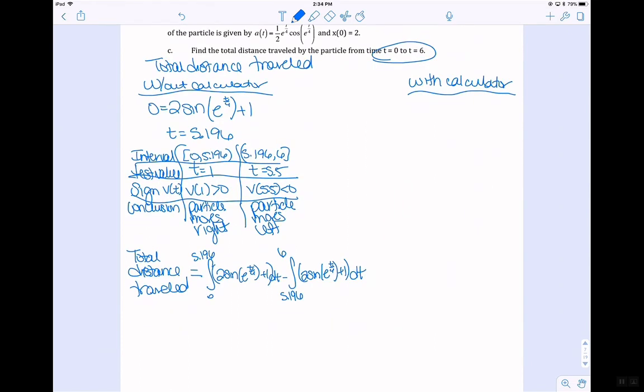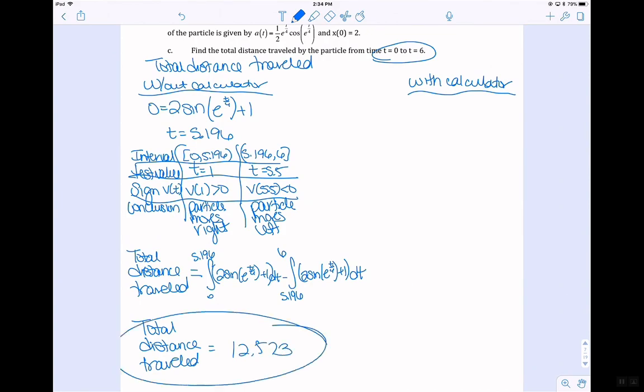When I do this, I would have no choice but to use a calculator, but I'm just saying, if this shows up on the non-calculator portion, then this is the process you would have to do. You would get 12.573. So without a calculator, you have to set the velocity equal to 0 and solve, do the chart, make the particle moving to the left negative, and then evaluate your answer. That's all without the calculator.